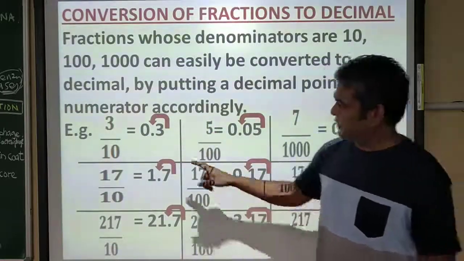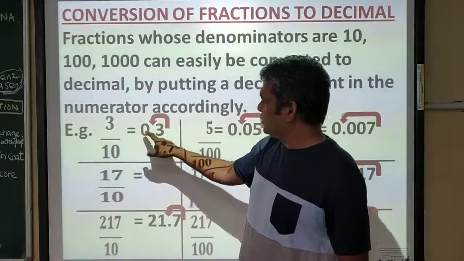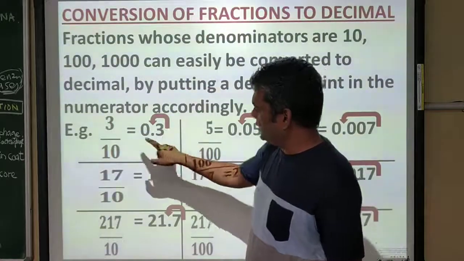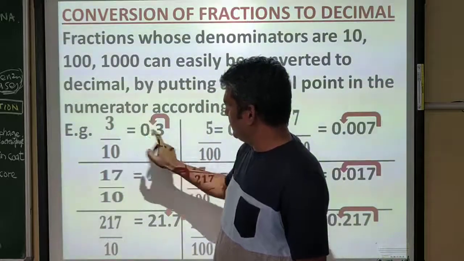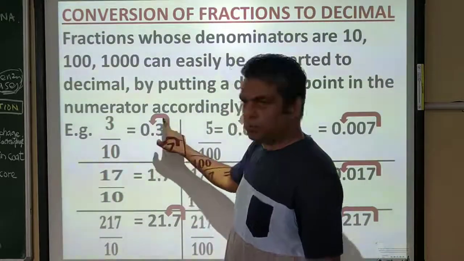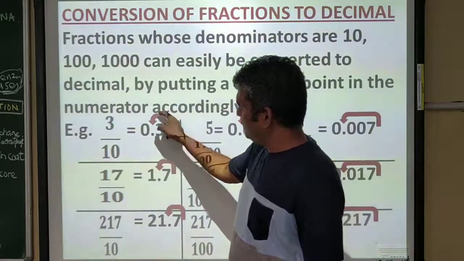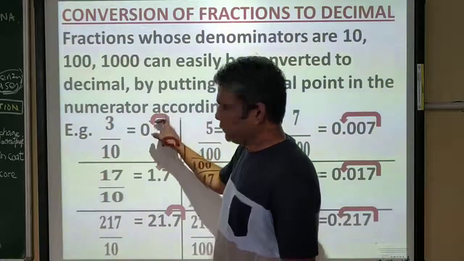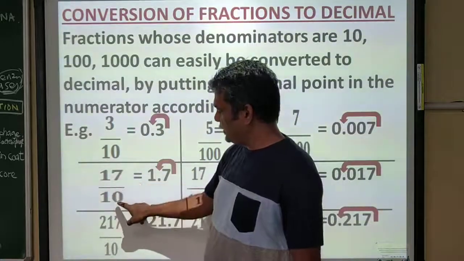Now, an example is given here. 3/10 is equal to 0.3. Now, how did you get it? You just write the numerator here, 3. And then a whole number has a point at the end, and then shift the decimal. Since there is 1 zero, you shift one place. So you get 0.3.